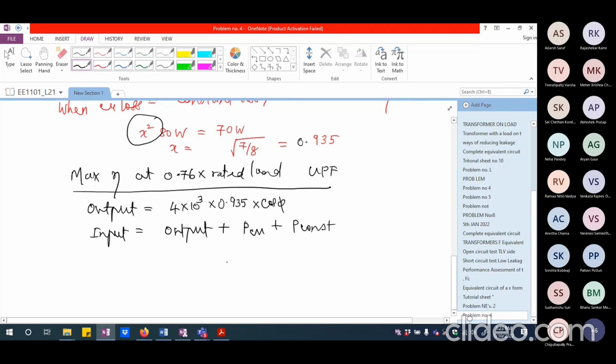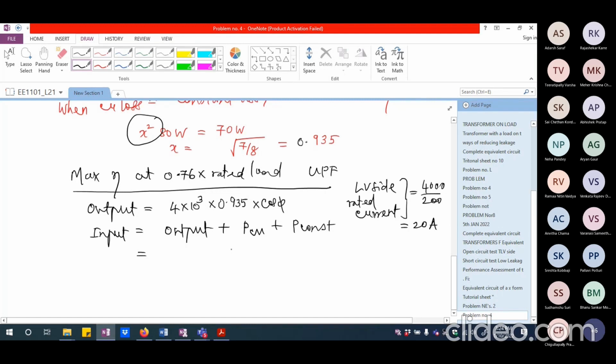If I am looking at it from the low voltage side, the low voltage side rated current will be 4000 divided by 200, which is 20 ampere. So I'm going to have 20 ampere as the low voltage side current if I'm having full load.